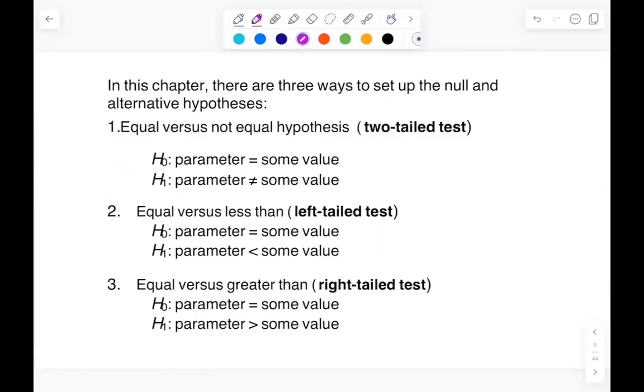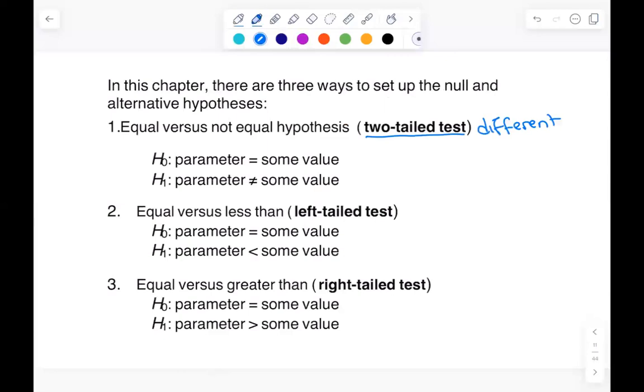Okay. Here are the different ways that we can set these up. If I say that I believe it is different, this is equal versus not equal. If we think it is different, it is a two-tailed test, because it can either be greater than or less than.